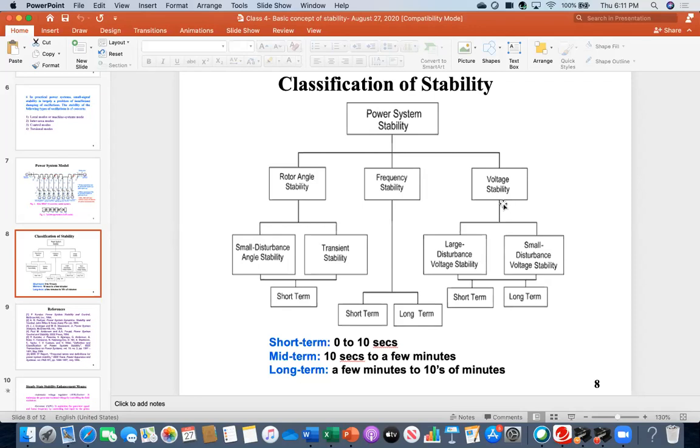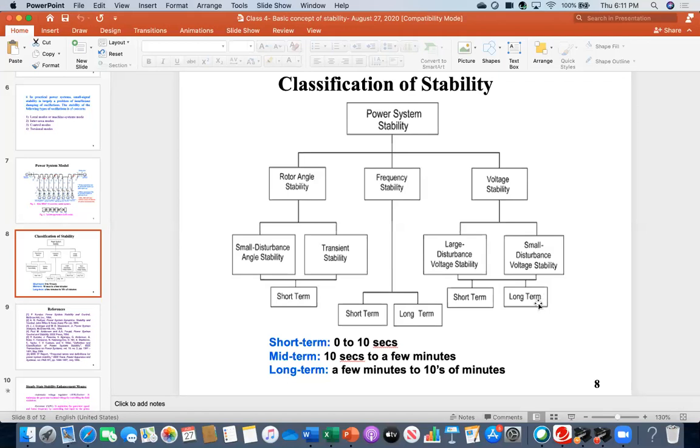And then the voltage stability is of two types: small disturbance stability and large disturbance stability. And again, it can be two types: short term and long term. For example, short term you can understand as due to any short circuit or open circuit or any of those faults, three-phase fault, two-phase fault, single line to ground fault. But long-term voltage stability is like when you are getting voltage, there is always some sort of fluctuation.